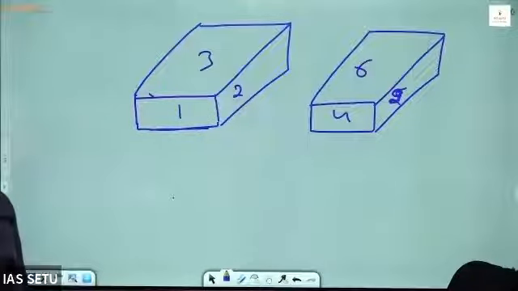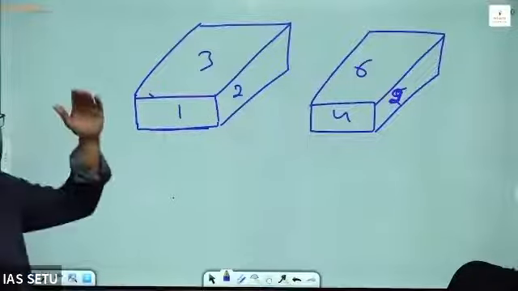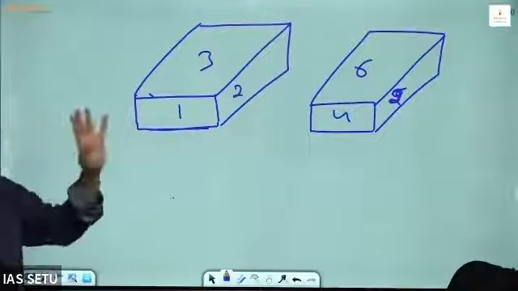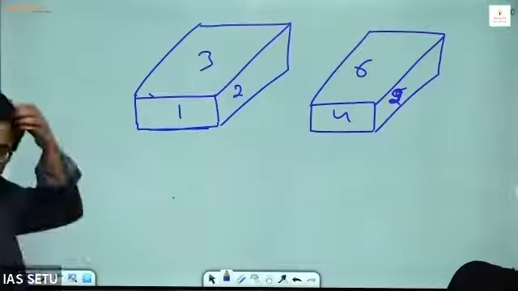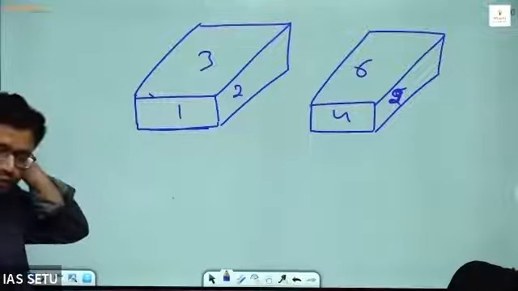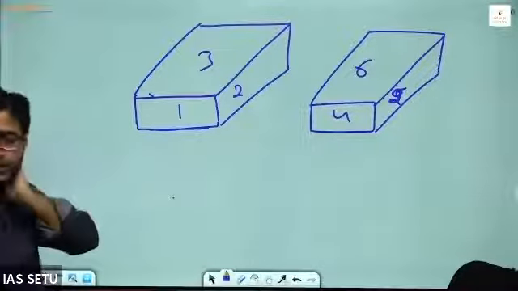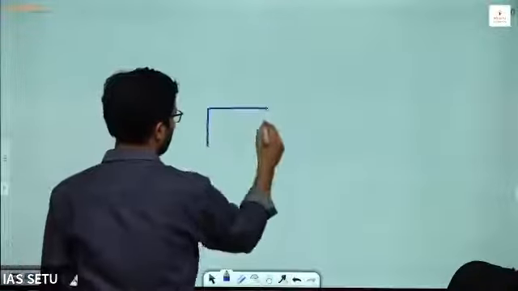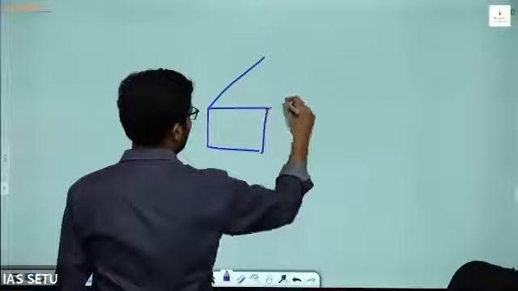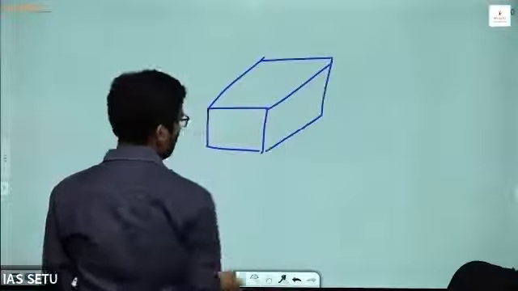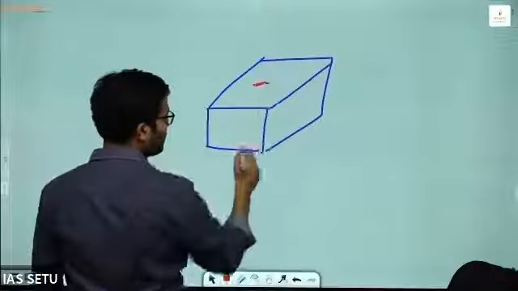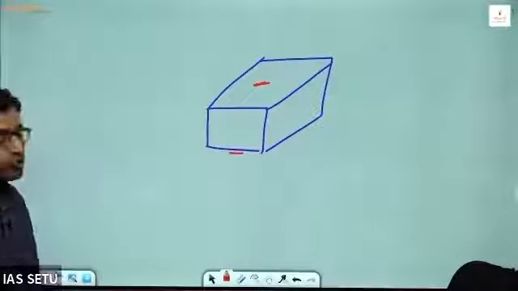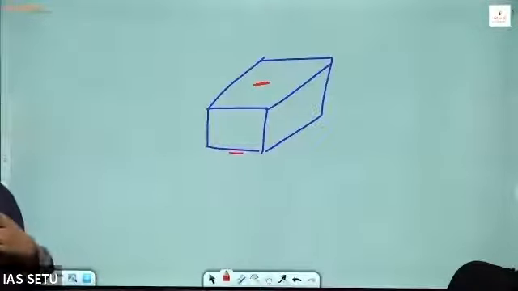It seems the same. And in a cuboid, opposite faces have exactly the same area. So 3 and 6 will be opposite to each other. In a cuboid, opposite faces have exactly the same area. This face and this bottom face are opposite and they have exactly the same area. So in a cuboid, opposite faces have exactly the same area.